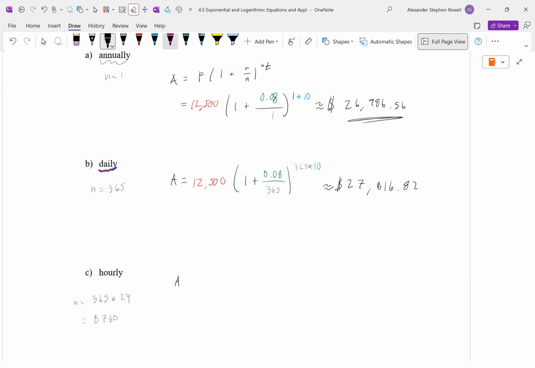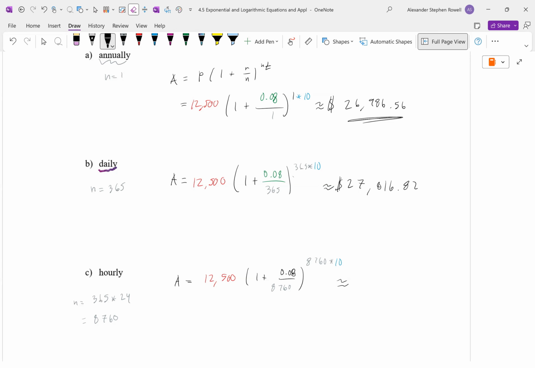Do you ever know that? I didn't remember. 12,500 times 1 plus 0.08 over 8,760 to the power of 8,760 times 10 years.